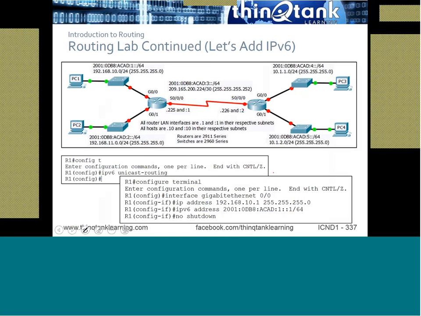Now, if you guys remember this particular topology here, this is the topology that we were working with previously when we were talking about setting up our routers initially. Well, we are going to be adding IPv6 to this topology this morning. So I want everybody to go ahead and open up that topology that you had previously created. And we are going to be adding IPv6.